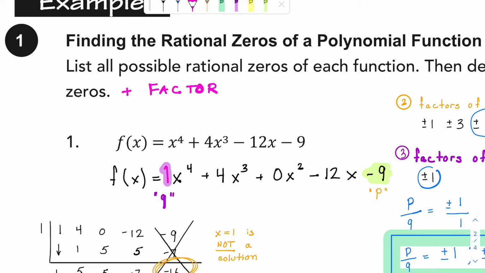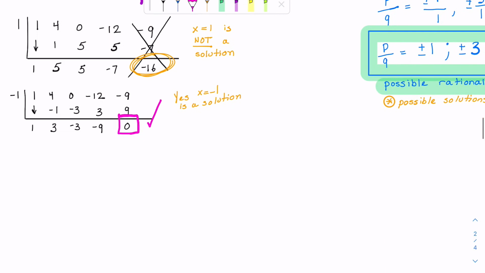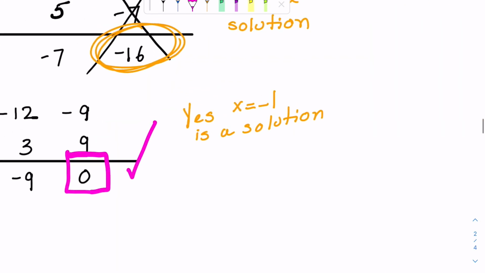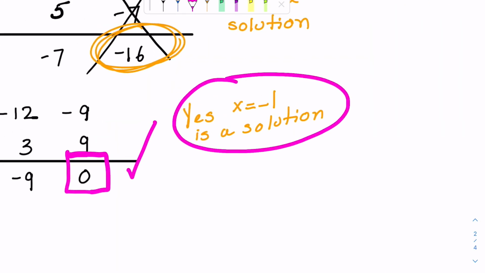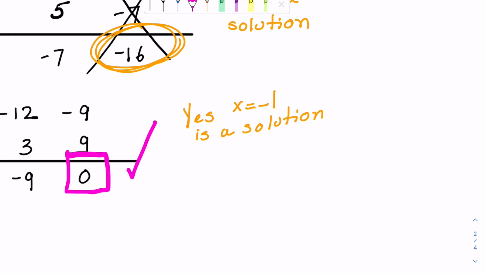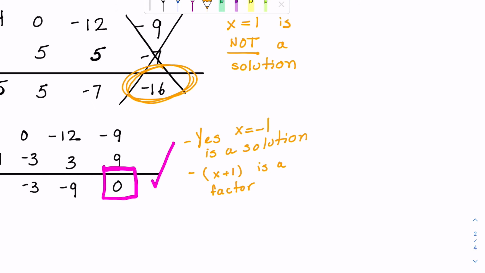So I'm identifying zeros and I'm factoring. Okay, here's the first part. So we know that x equals negative 1 is a solution. That means x plus 1 is a factor. Of course, if you set x plus 1 equal to 0, you would get x equals negative 1. So these are the two key pieces of information we're looking for.